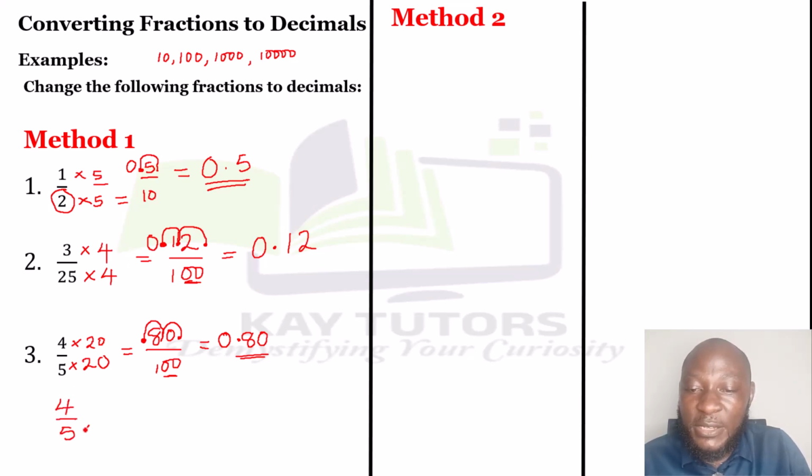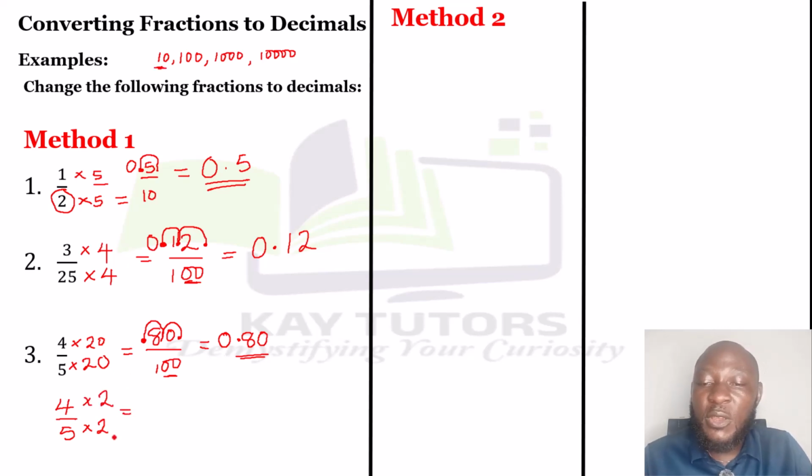Here, let's multiply this by 2 to give me 10. The trick here is whatever you do to the denominator, you also do to the numerator. So here, this will be 8 over 10. My point is here. I have just 1 0 here. I'll move 1s to the back. And here I have 0.8.